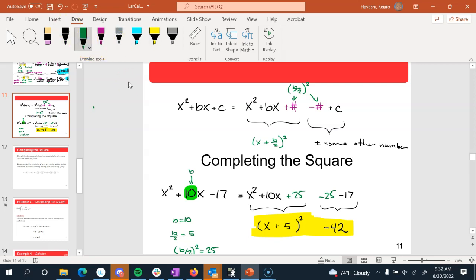So the steps are basically: first, make sure that you're starting off with x squared, not 3x squared or 4x squared or anything like that. Make sure it starts off exactly this way. Once you do that, identify b. Find b over 2 squared.